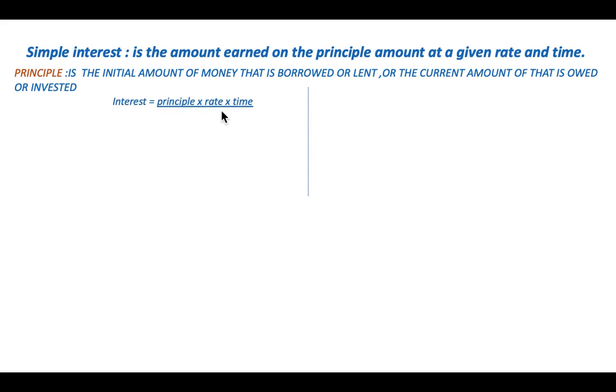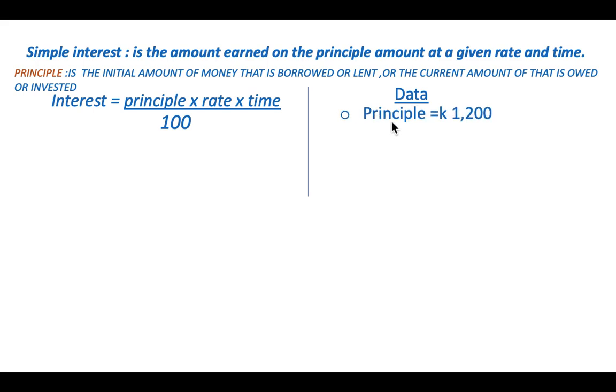Let's now set up the formula. Let's do the data collection. The principal given is 1,200. Then we look at the time. Time is 1 year.